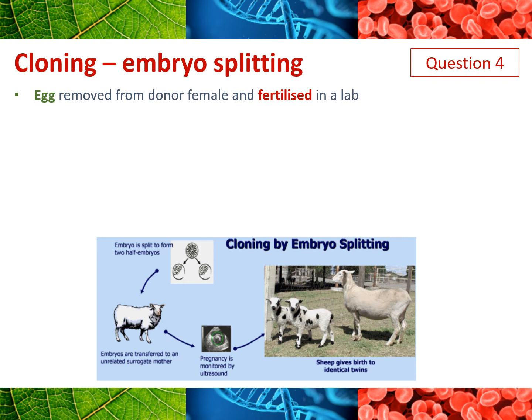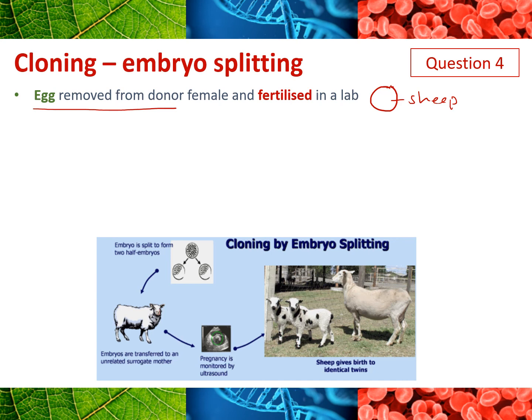What happens here is that an egg is removed from a donor female, and that egg gets fertilized. We've got an egg from, we're going to use the example here of the sheep. Now, I can't actually remember the chromosome number of sheep, but I'm just going to put 23, which is humans.